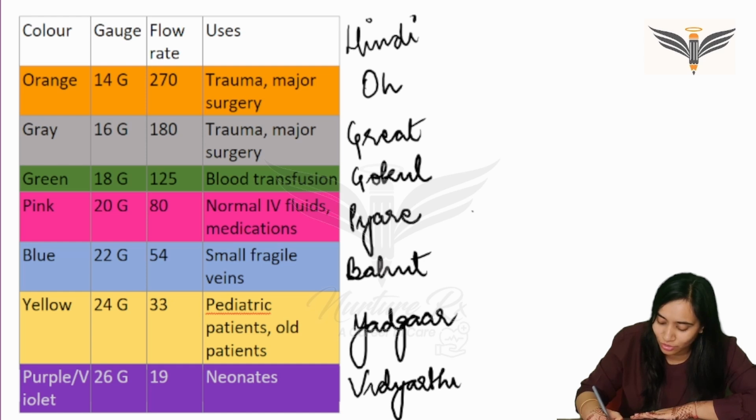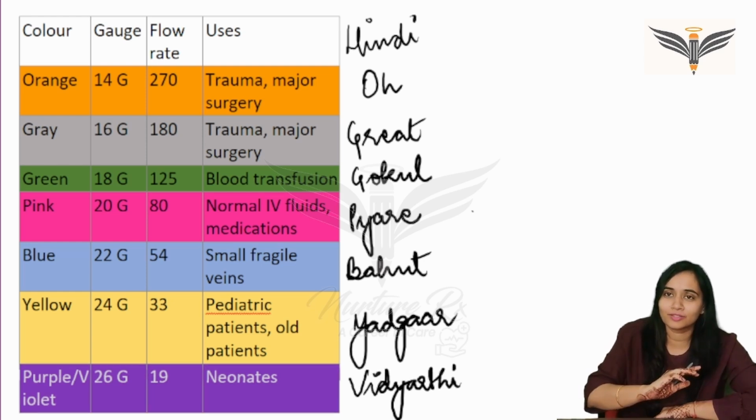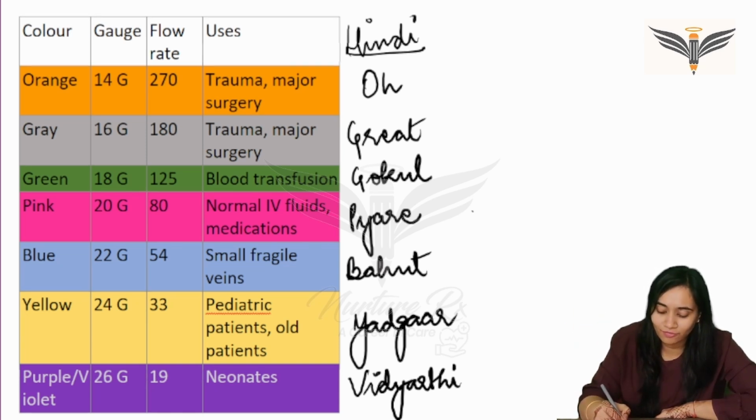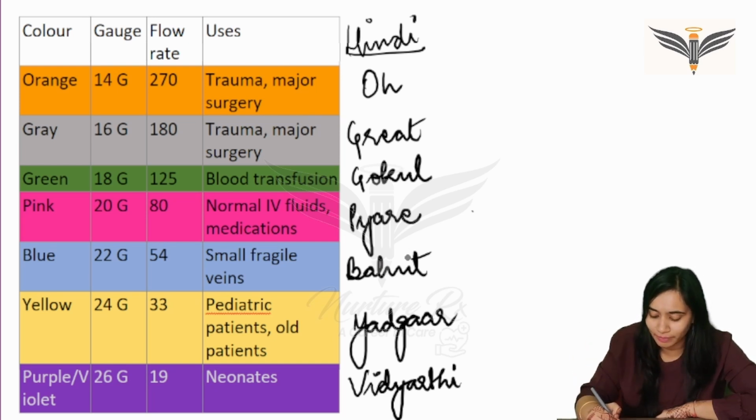So otherwise we know who Gokul Pyare is, but just remember him as a classmate of yours, and he's a very memorable student. So in Hindi you have "Oh great." You see how it is pronounced, great. So you'll remember it is for gray, and the next G is for Gokul. Oh great Gokul Pyare, बहुत यादगार विद्यार्थी.